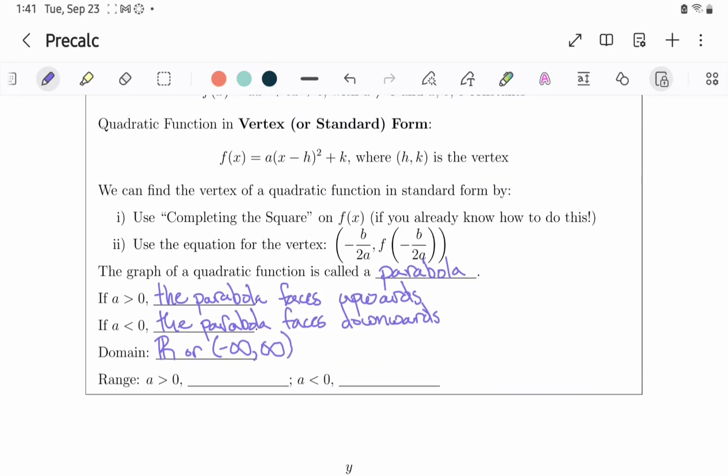And then the range, so if a is greater than 0, well, then the lowest point on the graph of our parabola is going to be the vertex. And so since a is greater than 0, the parabola is going to be facing upwards. So our right endpoint for the range is going to be infinity. And our left endpoint is going to be the y-coordinate of the vertex, so f of minus b over 2a.